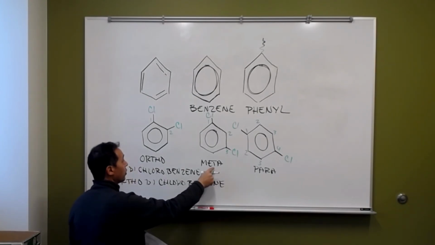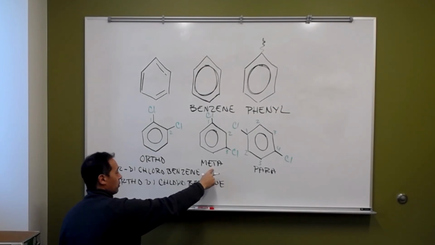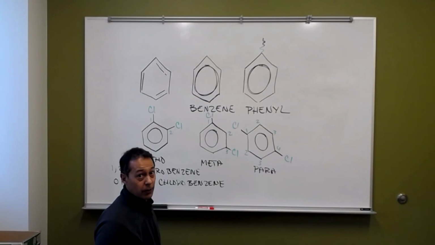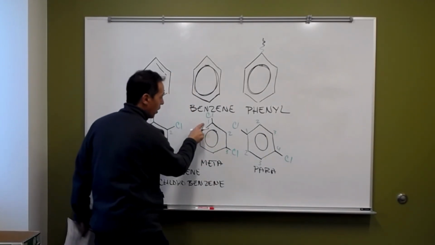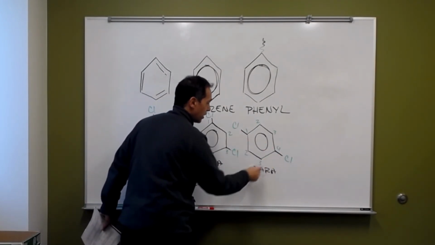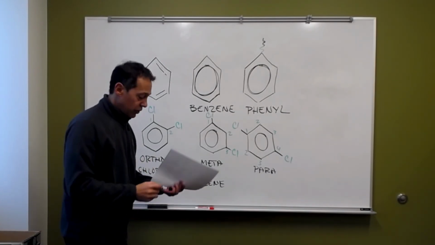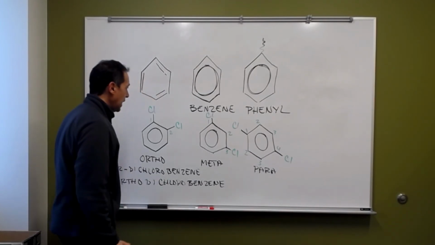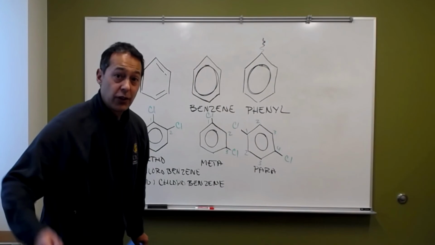Okay, so this one here would be meta dichlorobenzene, and this would be para dichlorobenzene. All right, or you could say 1, 3 dichlorobenzene or 1, 4 dichlorobenzene. Okay, all of those names would still be correct. All right, so that's just some naming, some simple naming of aromatic hydrocarbons.